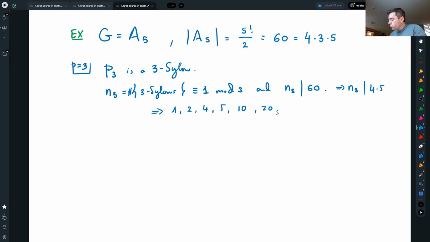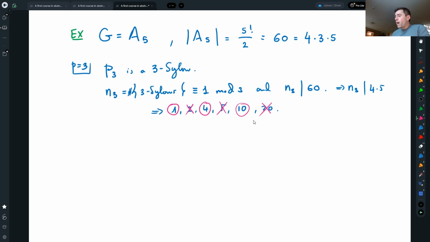Out of those, the ones that are 1 modulo 3 are 1, not 2; 4 is 1 modulo 3, not 5; 10 is 1 modulo 3, and not 20. So it has to be 1, 4, or 10 Sylow subgroups.